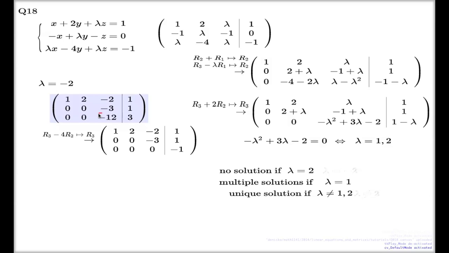You will vanish this -12, and you will end up with something non-zero here, which, according to my theorem, means that for lambda equal -2, we don't have any solution. So -2 should go into the no-solution part of my answer, and -2 should be excluded from the unique-solution part of my answer.